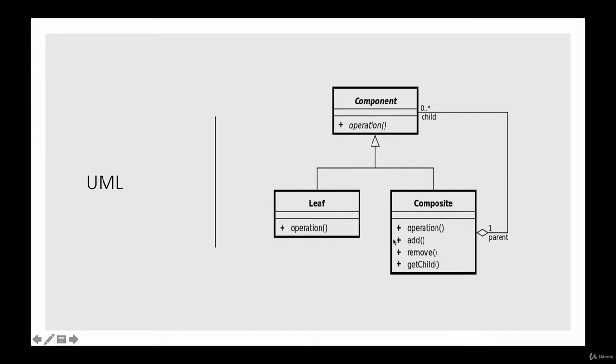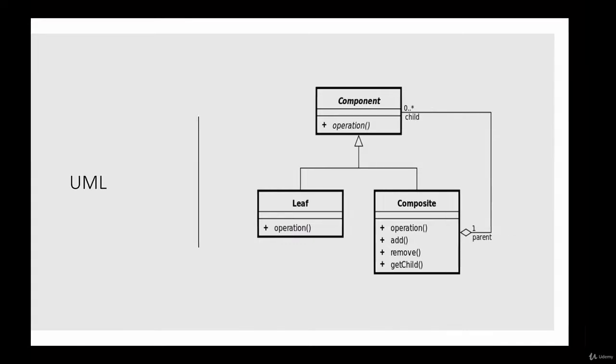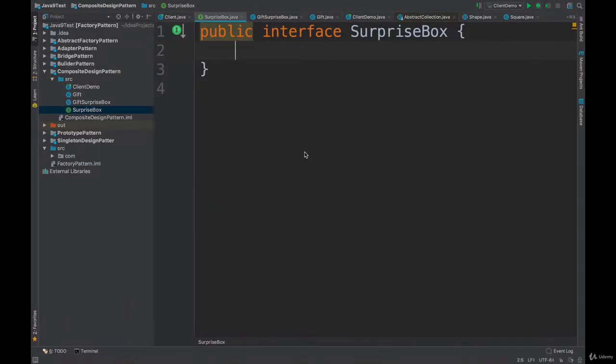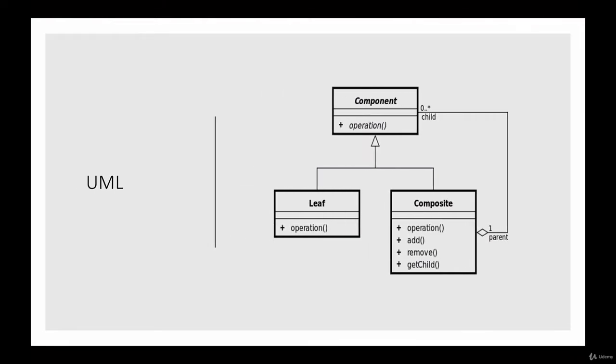Alright guys, so I have already created a coding example. I will walk you through each of the pieces one by one, and we will map our coding example with this UML diagram, and we will create a small demo on how this works. Okay, so the interface which we will be defining in this example, we will map to the component interface we have seen here in the UML diagram, which has all the operations which we want to handle in a separate way.